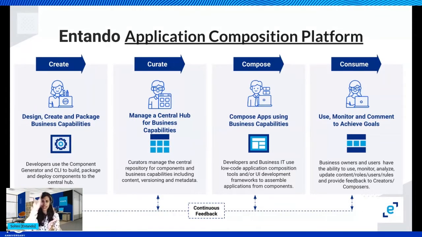This involves cataloging the different building blocks of applications on centralized hubs, creating categorization and logging inventory. Curators also ensure that components, business capabilities, and solutions are ready for composition, defining some prerequisites, which are very important, and updating capabilities with the latest patches or upgrades.